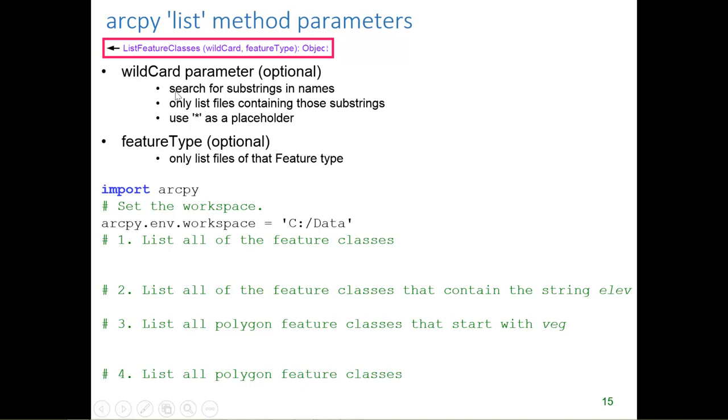The wildcard allows us to search for substrings in name. Substrings means just a shorter string inside of the bigger string. And then we can only list files containing those substrings. And we can do it kind of in a flexible way by using this star as a placeholder.